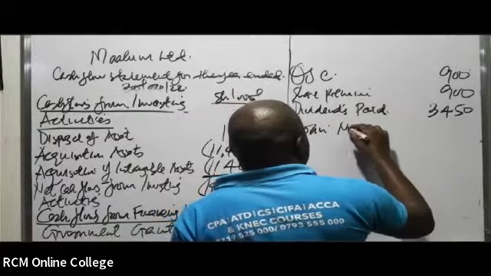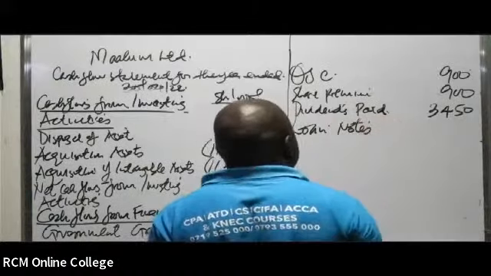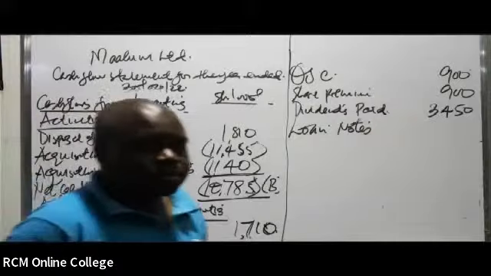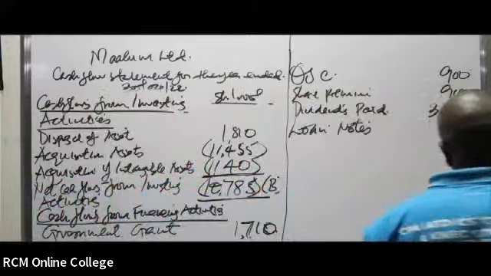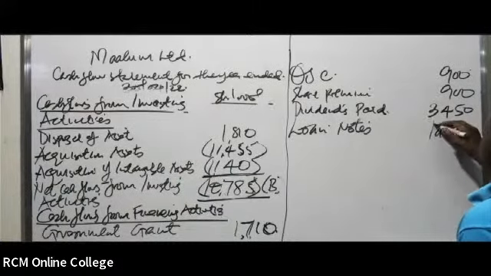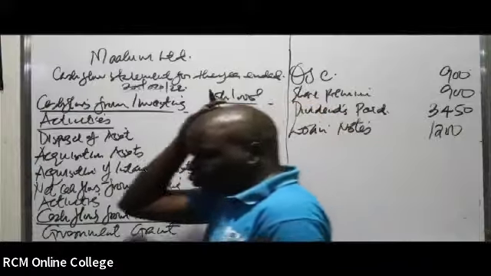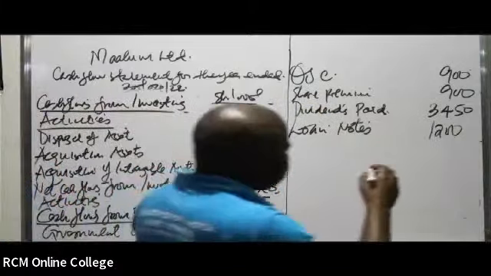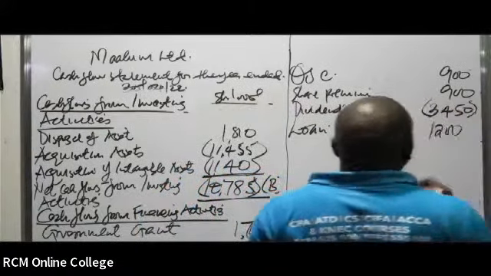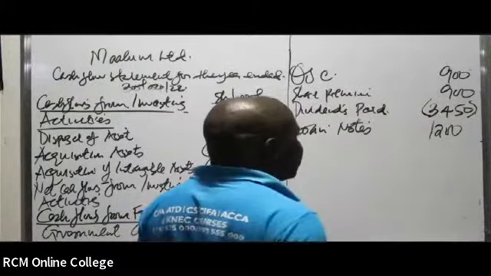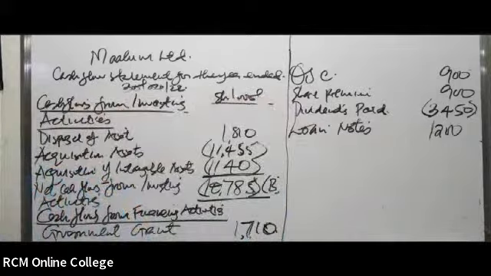On the loan notes, remember they gave out loan notes worth 3 million, but they didn't receive the entire amount. They only received 1.2 million. So this one was an outflow, so we deduct. If you look at the loan notes from the start of the period to the end of the period, it is increasing by 3 million.